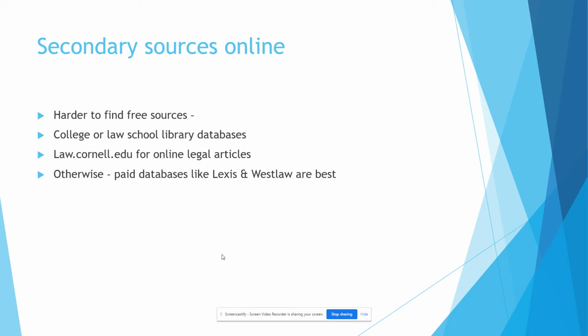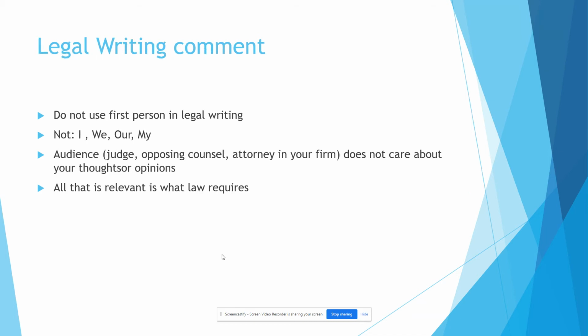The Cornell site has some legal articles in WEX, which is kind of like an ALR thing. They'll have a topic, give you a summary, and then give you cases that support that summary. But really, online paid databases like Lexis and Westlaw are the best places to find secondary sources online.